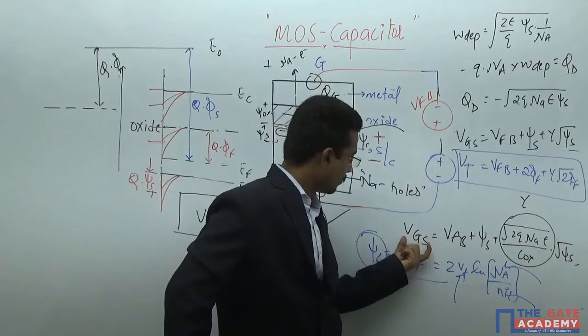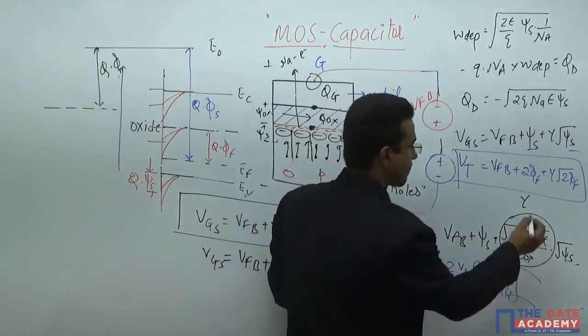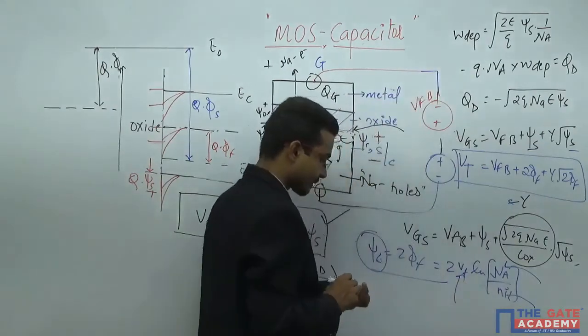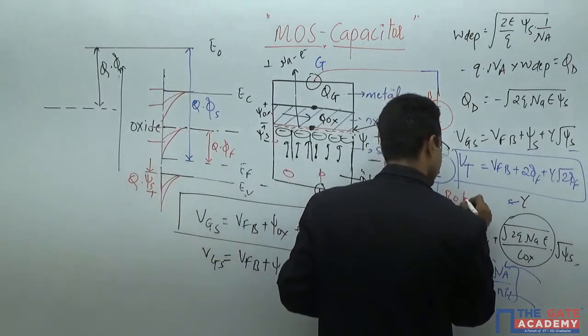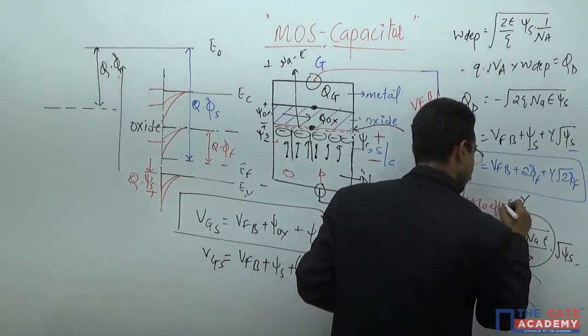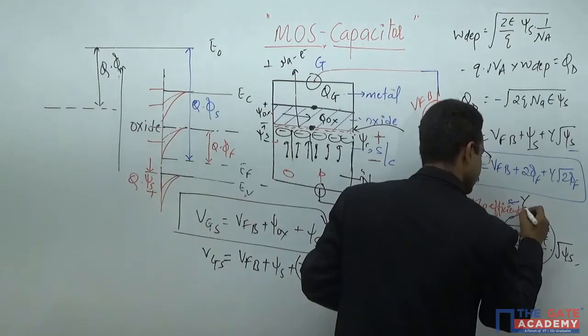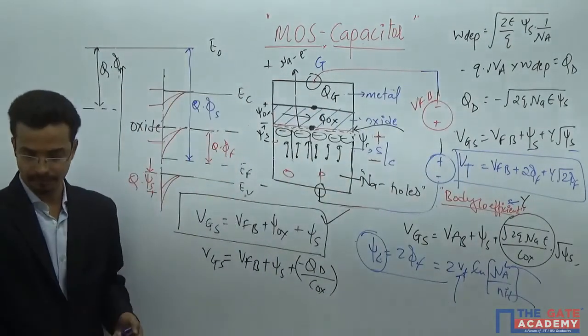These values depend on these parameters, and gamma is known as the body coefficient.